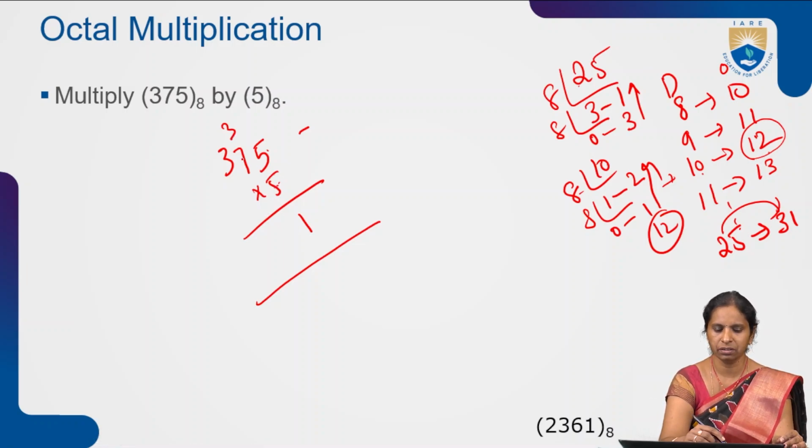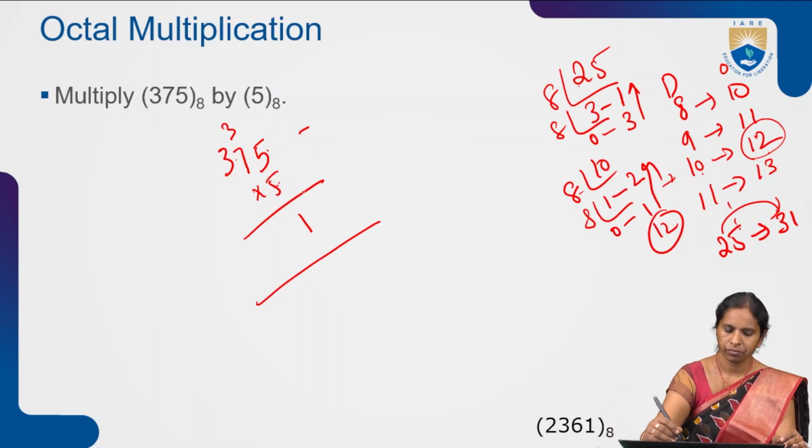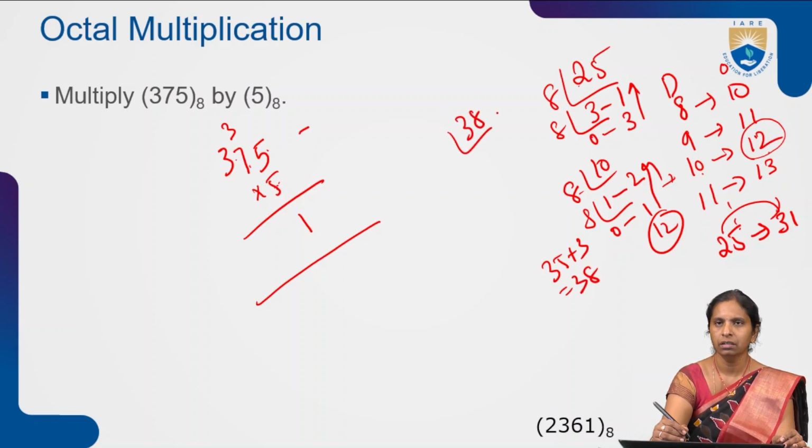Then 5 sevens are 35 plus 3, that is 38. Now represent 38 in the octal number system. So 8 4s are 32, and the remaining is 6.